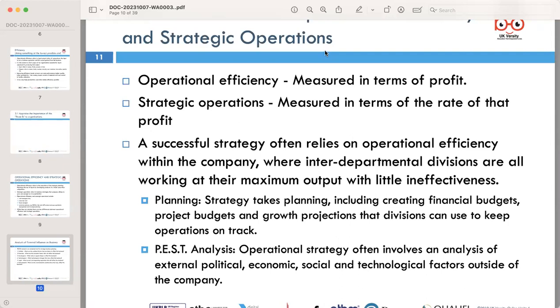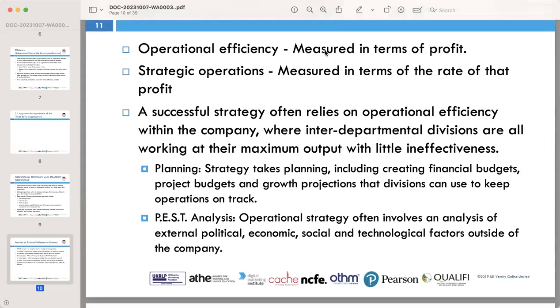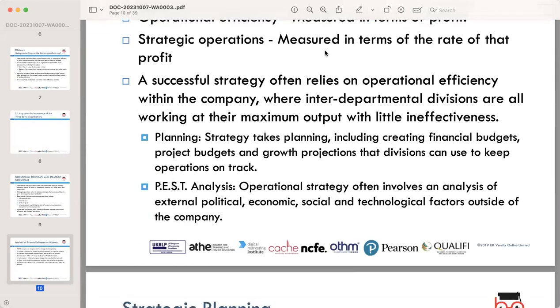Planning strategy takes planning, including creating financial budgets, project budgets, and growth projections that divisions can use to keep operations on task. PEST analysis, operational strategy often involves an analysis of external political, economic, social, and technological factors outside of the company.